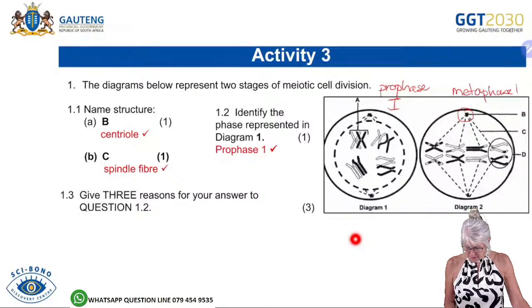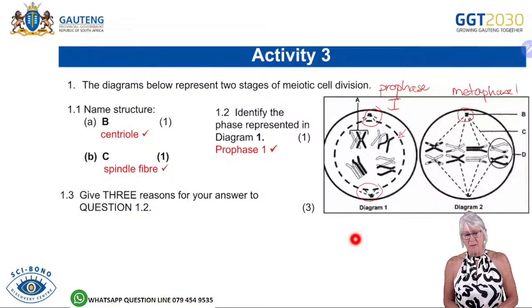Secondly, we can see that there are spindle fibers starting to develop around the centriole. Plus also we see that the nuclear membrane is starting to disappear. And then the fourth thing that we can see is that crossing over is actually taking place.